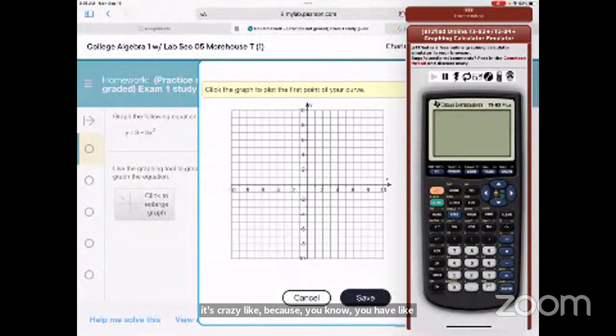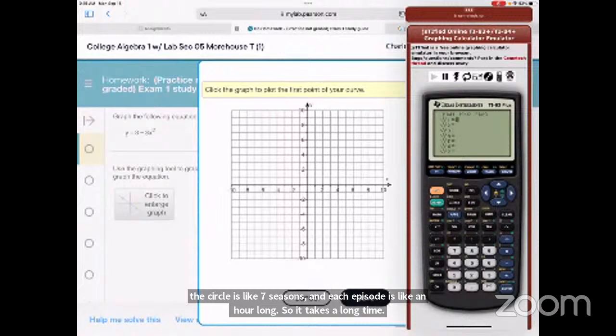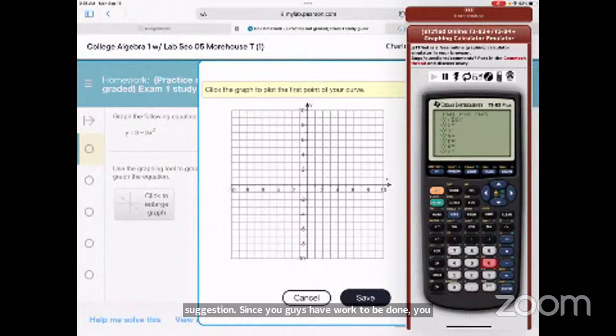Everybody is big and bad on the internet, but then what happens when you go face to face, right? It was just really interesting. If you ever have time, The Circle is like 7 seasons and each episode is like an hour long, so it takes a long time. The Mole, you can binge watch over the weekend, to be honest. I know that's probably not the best suggestion since you guys have work you need to be doing, but I have all these ideas of things that I wanted to try with it.